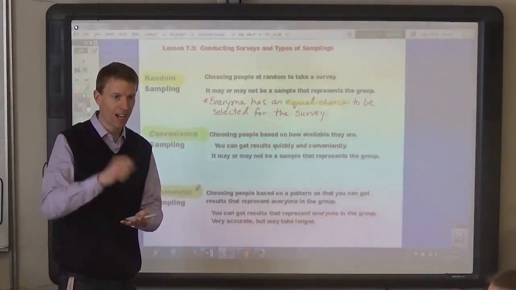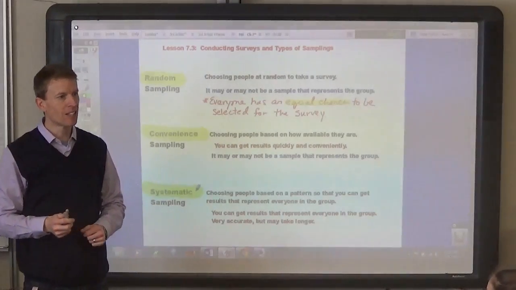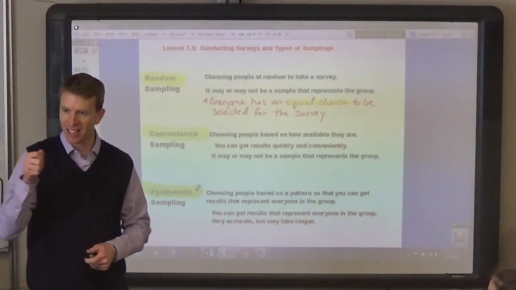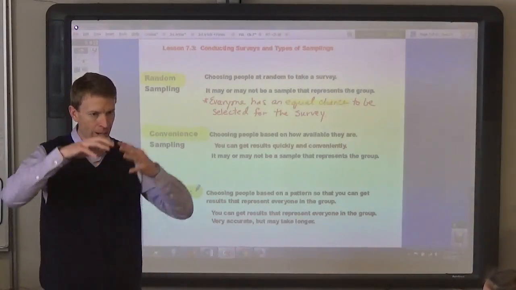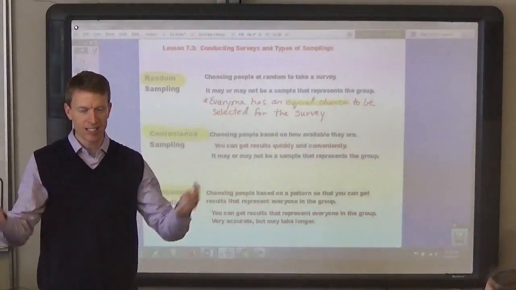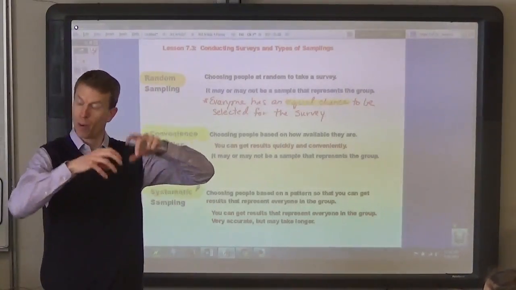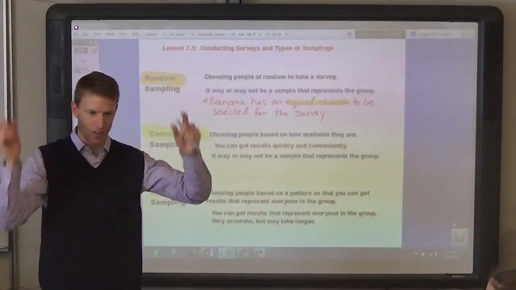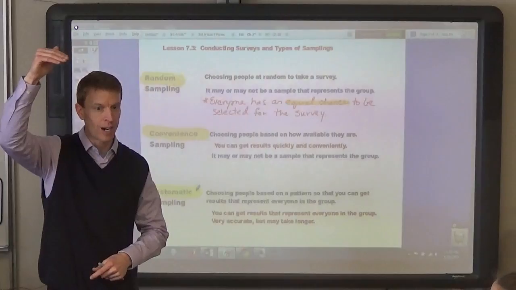But names out of a hat, or popsicle sticks, or how does the lottery, have you ever seen them select the numbers from the lottery? They have them in a container, and there's air blowing in so that the balls with the numbers on them are floating up and down, and then they open it so that it's totally random.